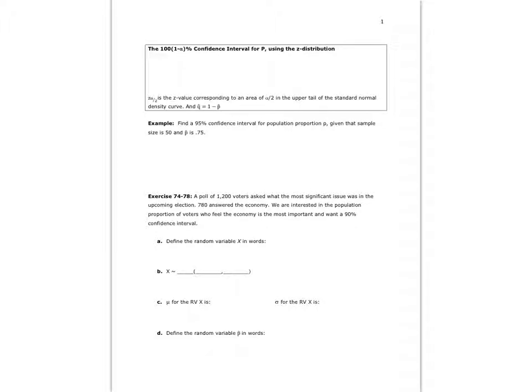So we came to the conclusion in class that p hat, the sample proportion, is normally distributed, and the mean is p, and the standard deviation is the square root of p times q over n.